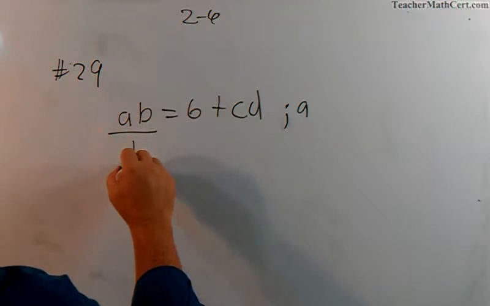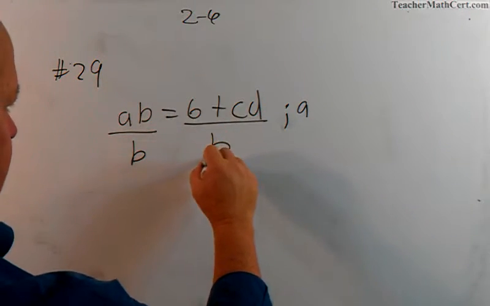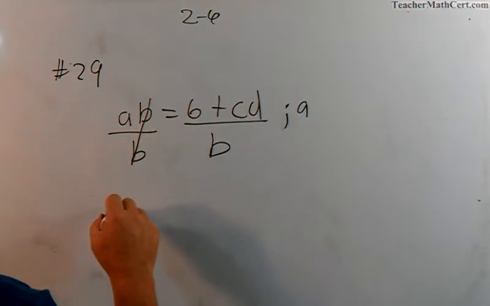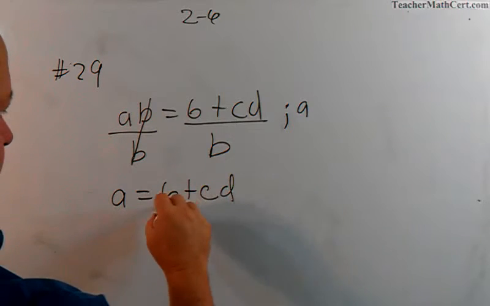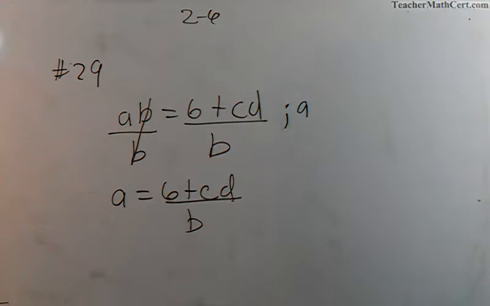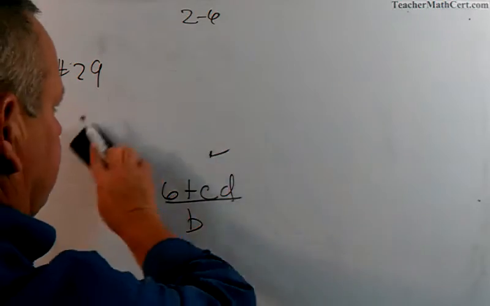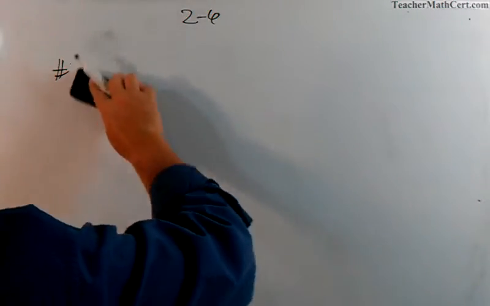Just divide this by B, right? Divide this whole thing by B. B's cancel here. We're left with A is equal to 6 plus CD divided by B. Alright, easy enough.